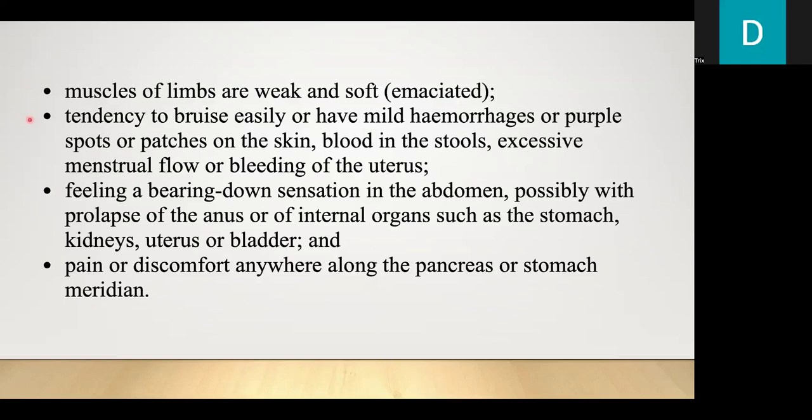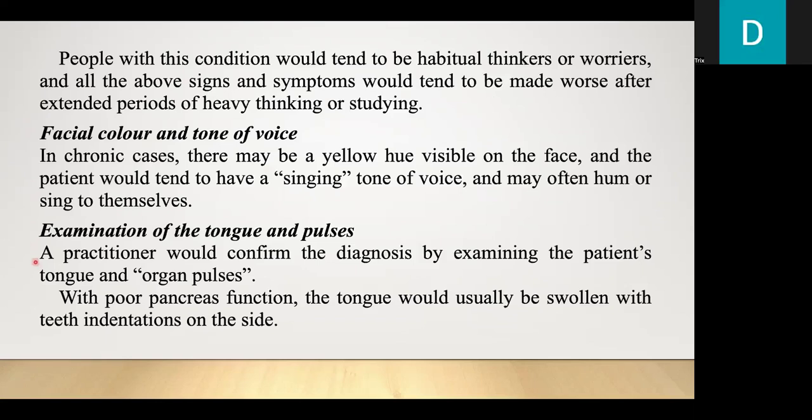There's also a tendency to bruise easily or have mild hemorrhages or purple spots or patches on the skin, blood in the stools, excessive menstrual flow or bleeding of the uterus, feeling a bearing down sensation in the abdomen, possibly with prolapse of the anus or of internal organs such as the stomach, kidneys, uterus, or bladder, and pain or discomfort anywhere along the pancreas or stomach meridian.